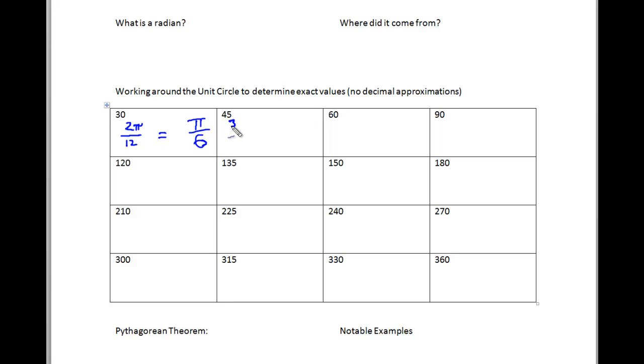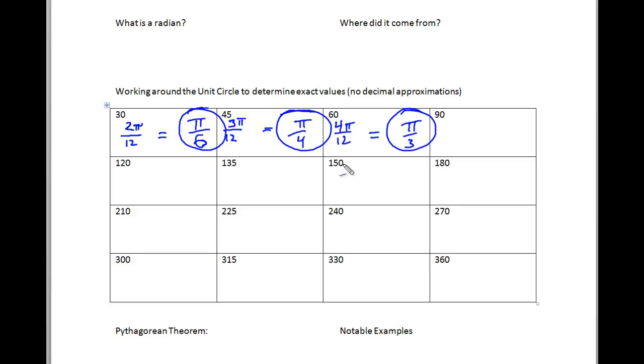Now, 45 was 3 pi over 12, so it was 3/12 of a pi, and that is simplifiable using just basic fraction skills to pi over 4. And then this would be 4 pizza slices over 12, so 4/12 of a pi is going to give me pi over 3. Just simplifying these fractions, these 3 are big, important radian measurements of 30, 45, and 60 degrees on the unit circle.